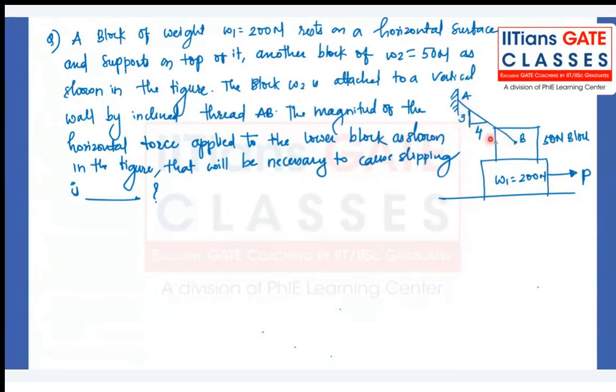The magnitude of the horizontal force P applied on the lower block as shown in this figure, that will be necessary to cause the slipping is? I'll give you 2 minutes. Think on it carefully and solve it.